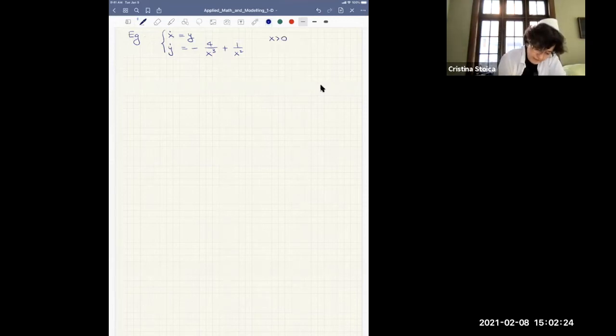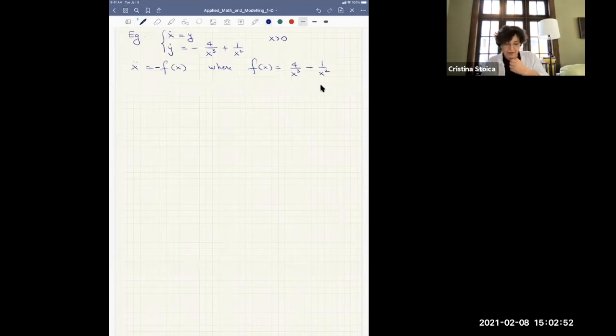If you look at it, this is another one of those x double dot equals f of x, where in this case, f of x is 4, okay, minus 1 over x squared. Yeah. So, oh, they put a minus, right? Good. So it's good. I have the minus actually in the thing.